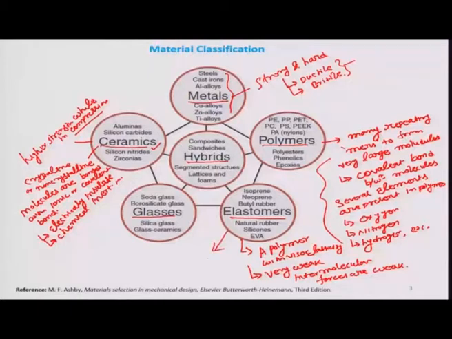For elastomers, you can take the example of rubber. For metals, we have a variety of metals available in our universe, such as aluminum, iron, bronze, etc.